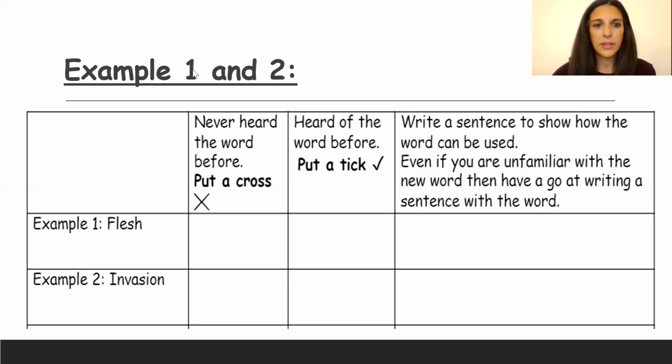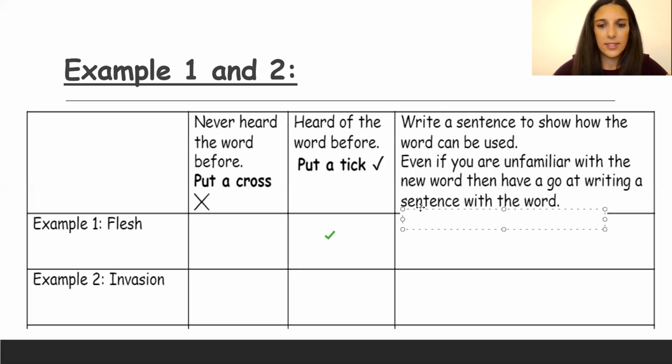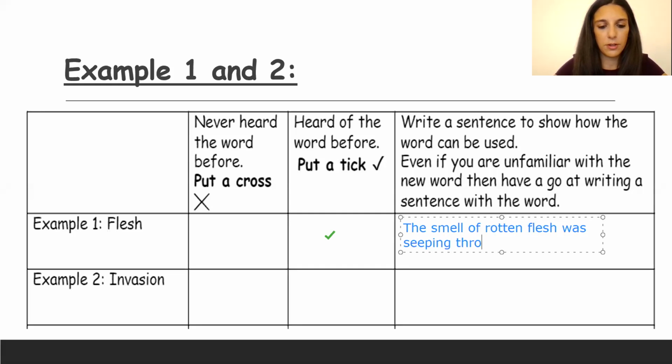So I'm thinking of writing a sentence that says, the smell of rotten flesh was seeping through the misty air.